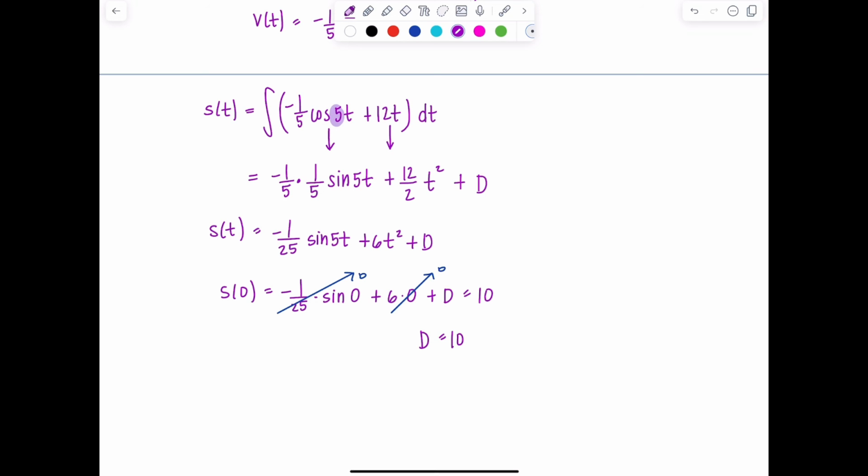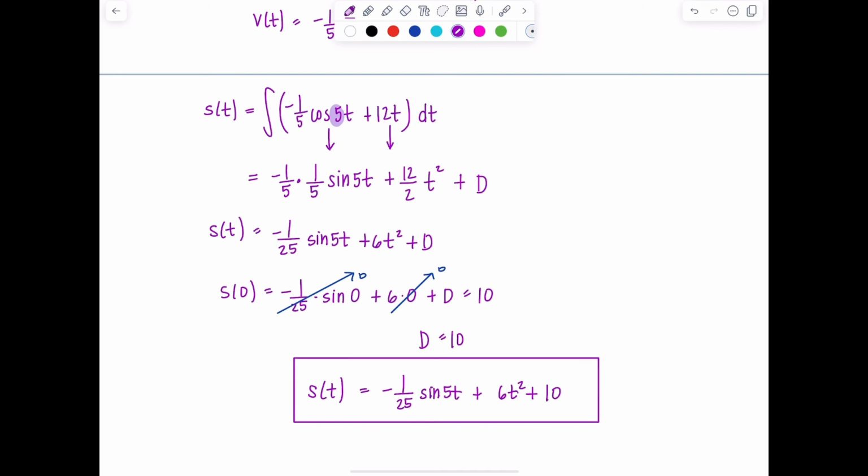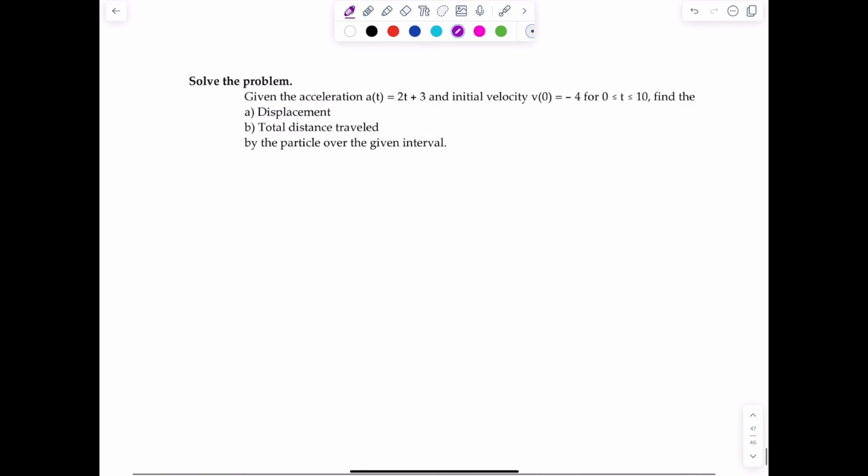And then at long last, here's our position function. s of t is negative 1 over 25 sine 5t plus 6t squared plus 10. Et voila. Beautiful.